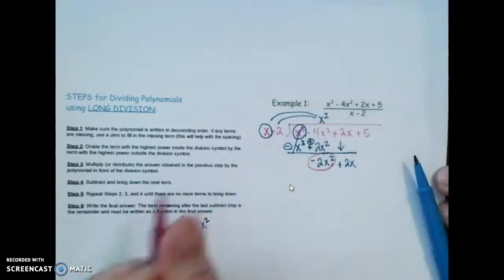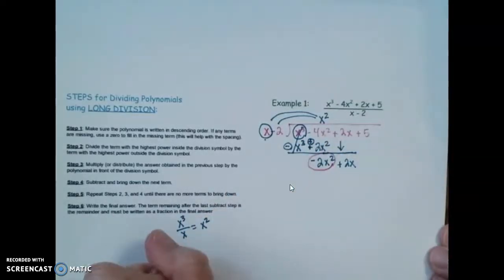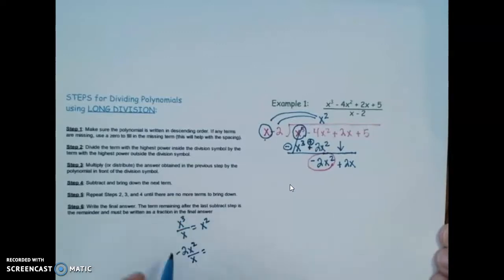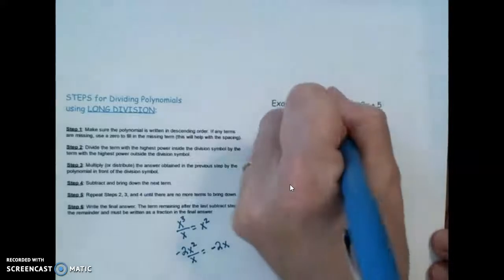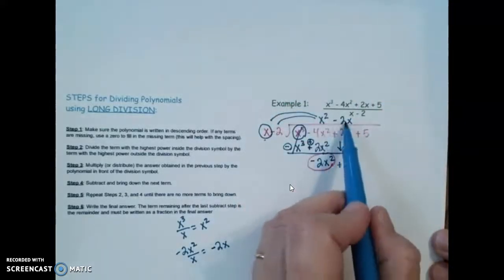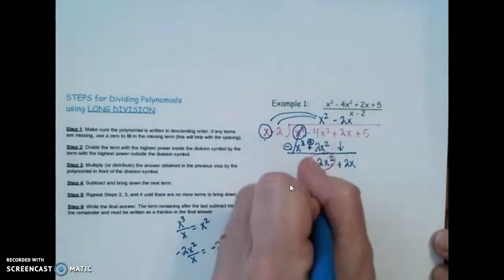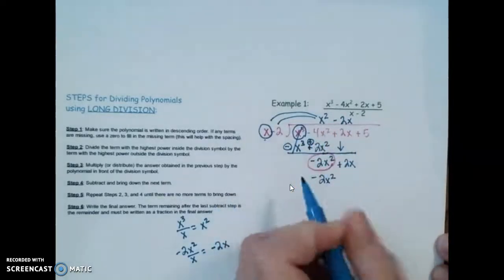First term divided by first term. So again, I'm going to come over here. Negative 2x squared divided by x. So that's going to be negative 2x. So we're going to put that up on top of the x's. And then we're going to distribute that. So negative 2x times x is negative 2x squared.